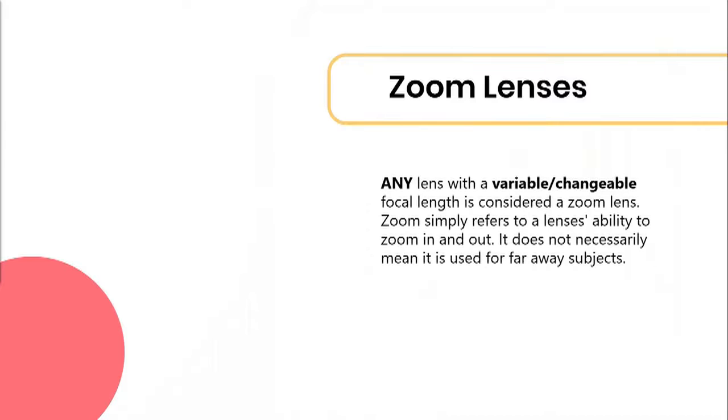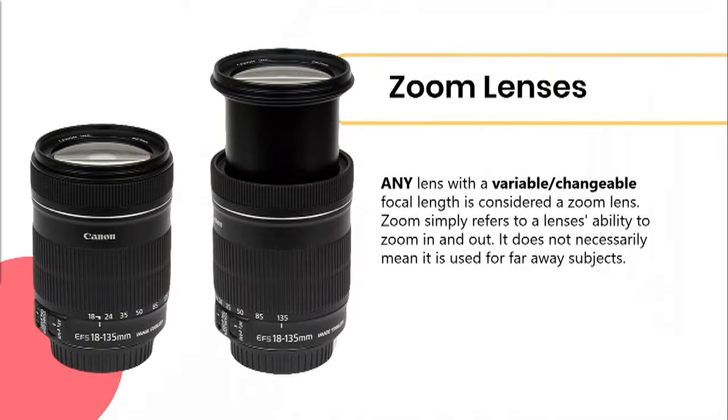So a zoom lens is any lens that has a variable or changeable focal length. Okay, so a zoom lens for beginners can sometimes be a little bit confusing because a lot of beginners think it means that it's a lens that does close-up photography, or it's a lens that means that you're very far away and you can still get very close to the subject. That's not what it means.